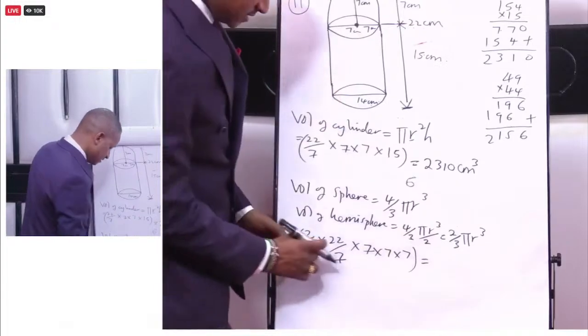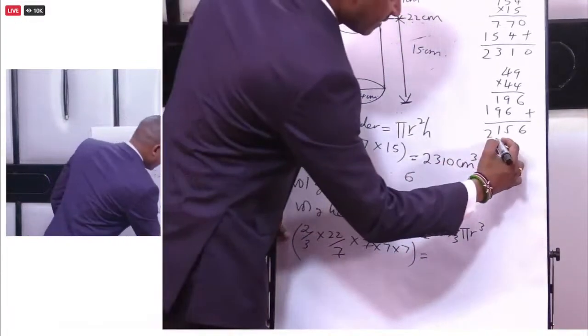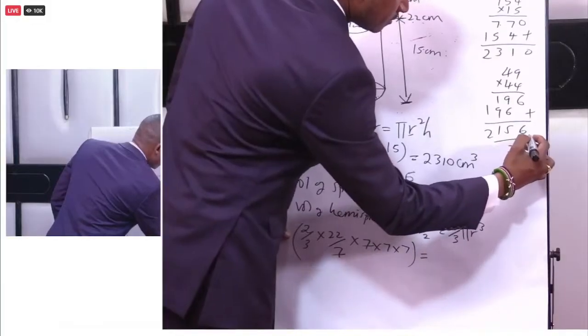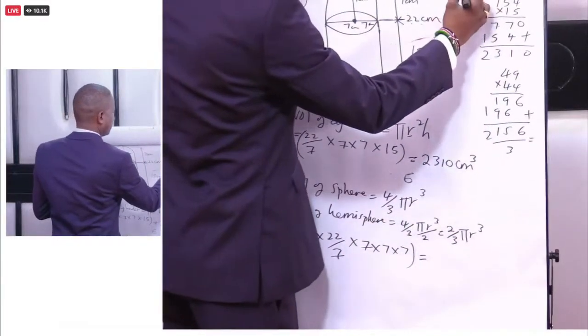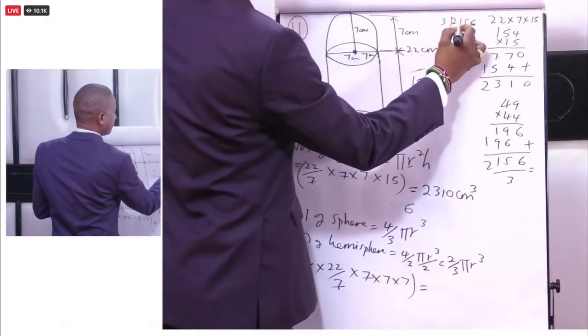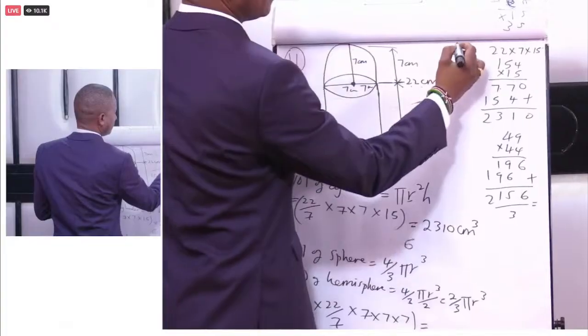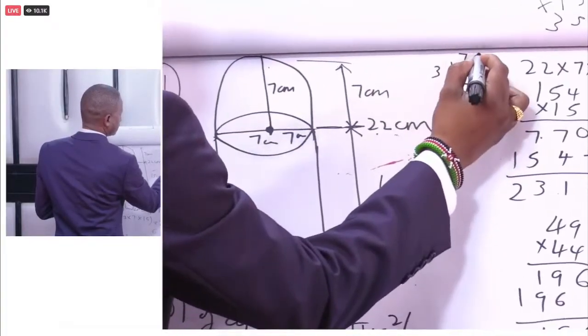Then you divide this by 3. So if you divide this by 3, what do you get? 2156 divided by 3. 3 goes here 7. 7 goes here once.